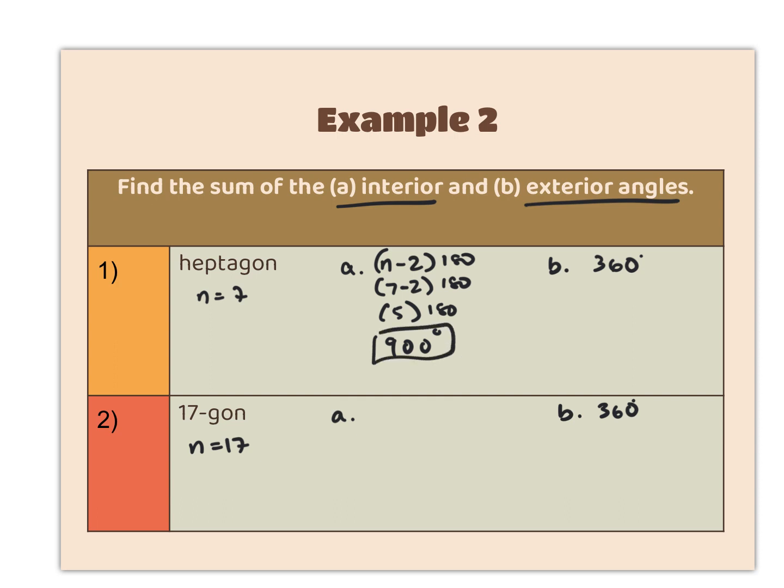If I go to 17, again, no big deal. And I write the formula every time so I can commit it to memory. You should do the same. 17 minus 2 times 180, or 15 times 180. And I don't know the answer to that, so 40.